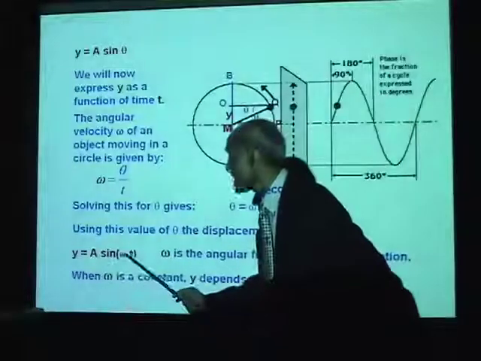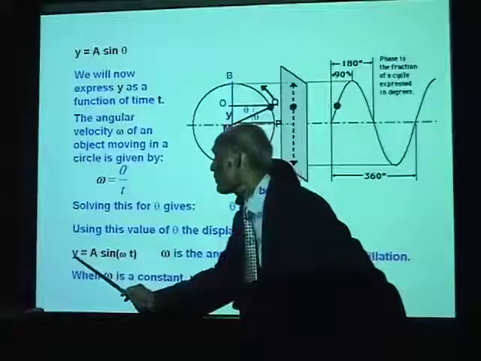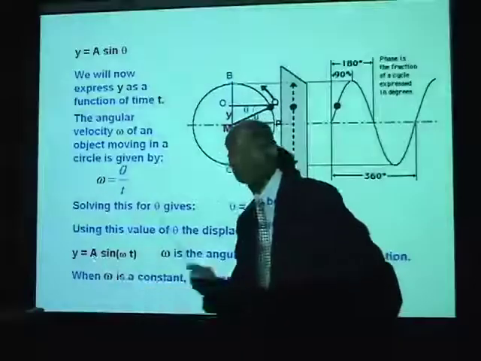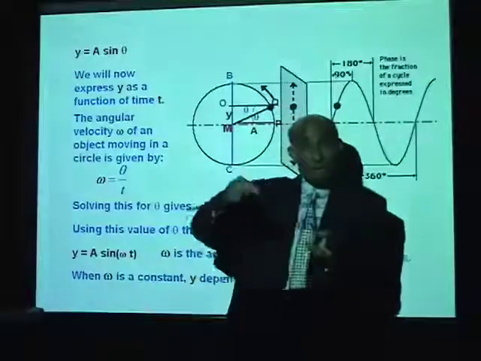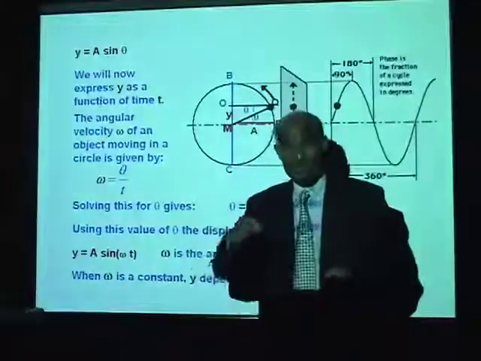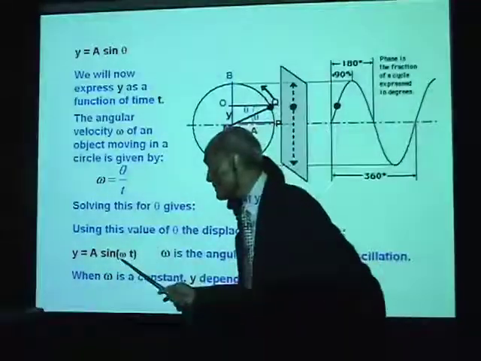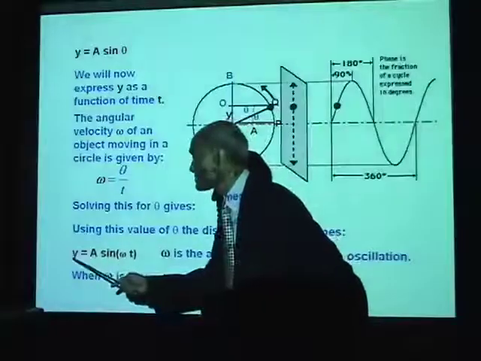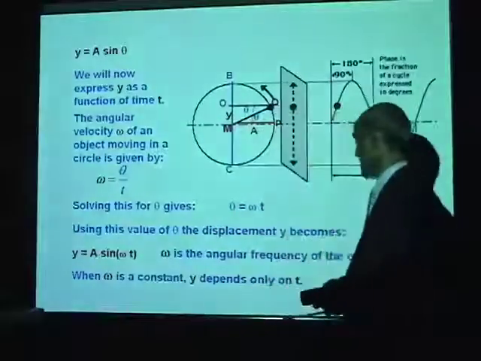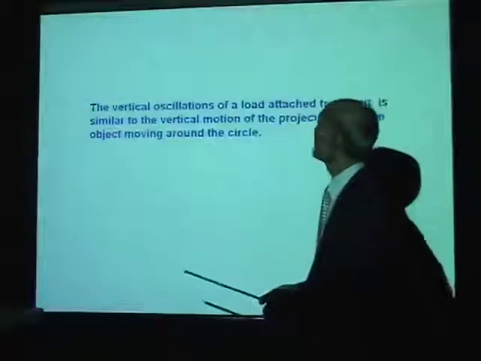When omega is a constant, the value of y depends only on time, because A, the amplitude, is a constant. That's the maximum displacement. Omega is a constant. Is that right? So, when omega is a constant, the displacement y depends only on time t. Okay.